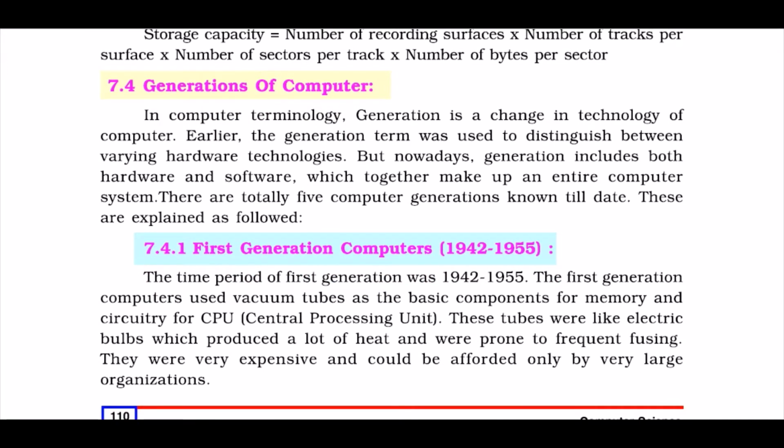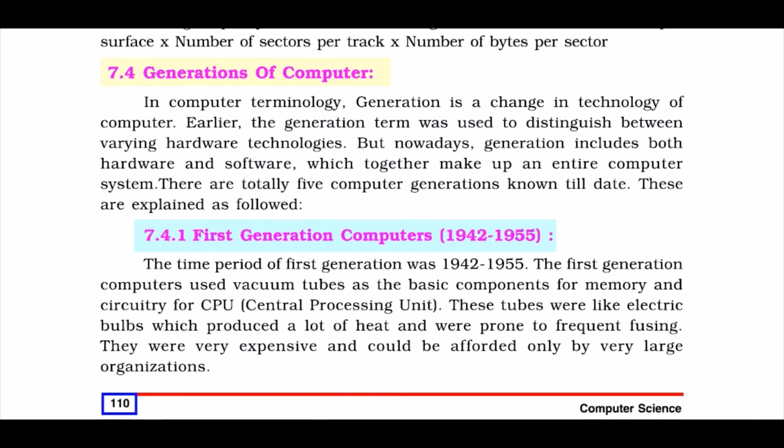Generation of computers. This is the most important part. What were the generations? In computer terminology, generation is a change in the technology of a computer. Earlier, when systems came in, generation was only distinguished by varying hardware technologies.